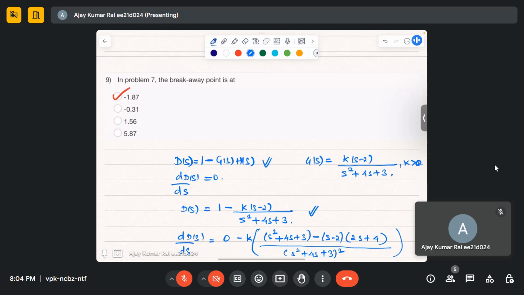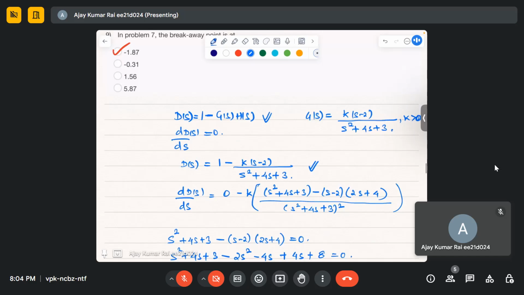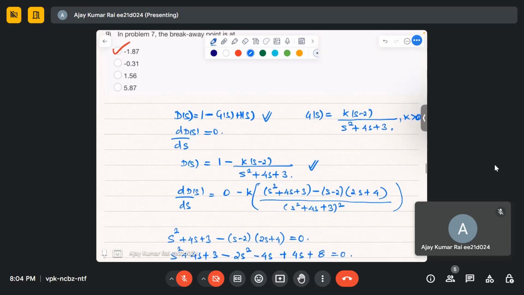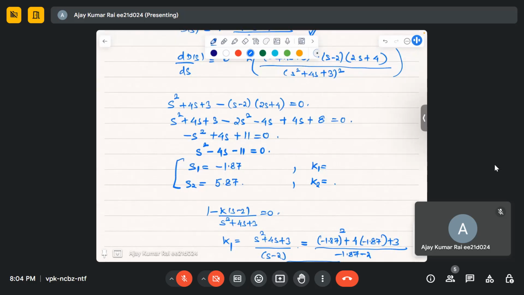You have this function, 1 minus GsHs. Just differentiate it, put it equal to 0, and find the value of s. The same thing I have done here. I got two values here, s1 and s2. If you calculate the corresponding values of k, they are 0.25 and 15.7.